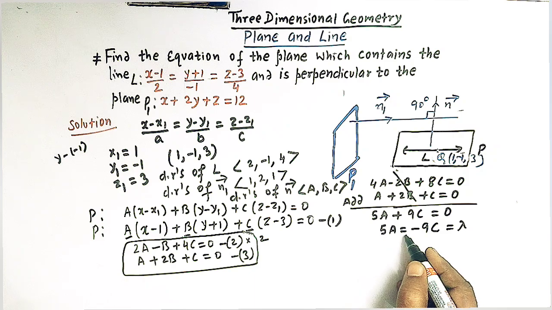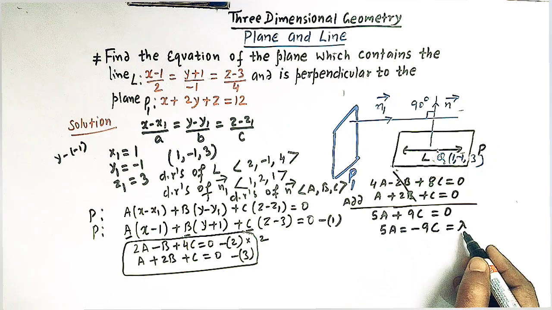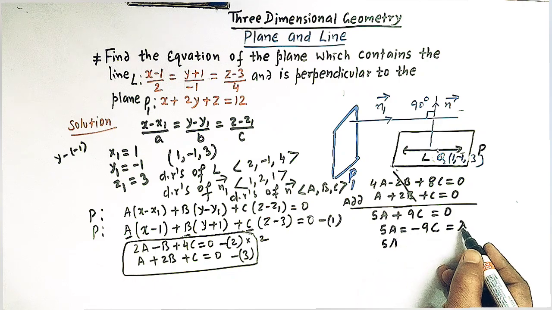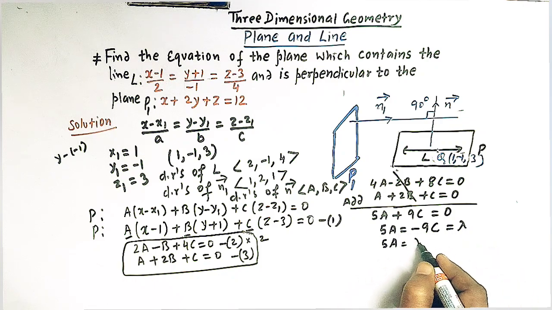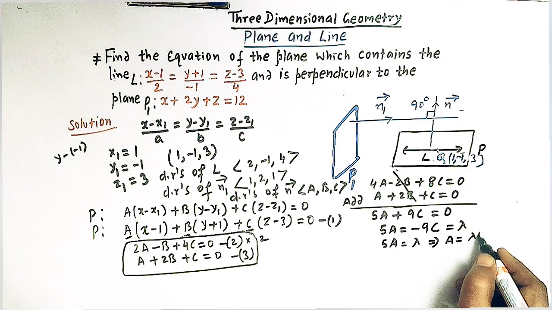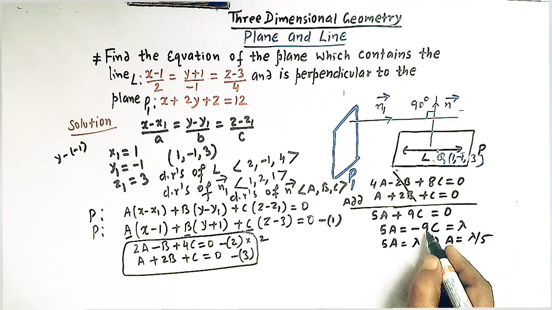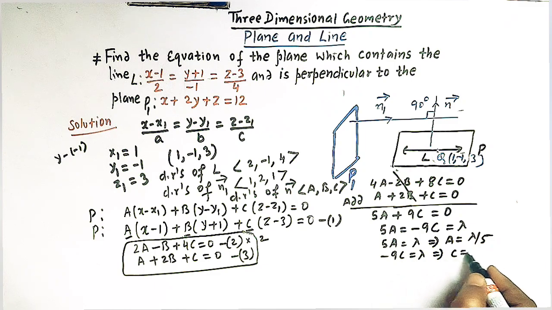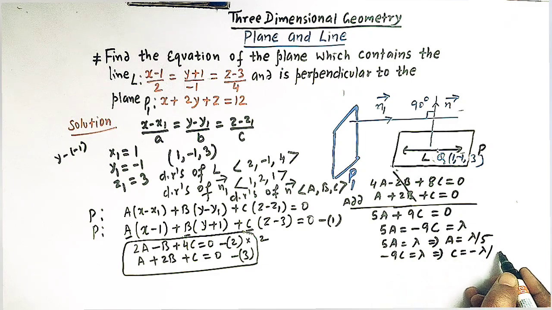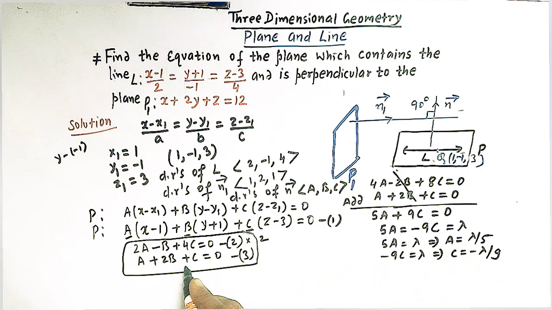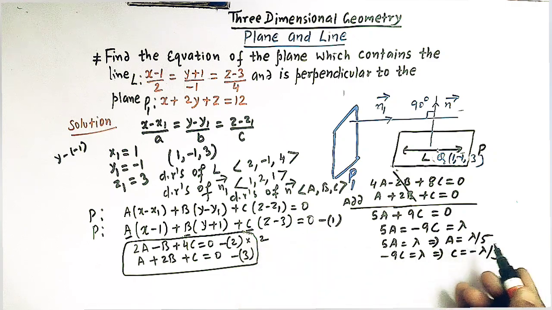So 5A is equal to minus 9C is equal to lambda, so that we can write A and C in terms of lambda. So 5A is equal to lambda, so A is equal to lambda over 5, and from minus 9C is equal to lambda, C is minus lambda over 9. Let us substitute A and C in any of these two equations to get the value of B in terms of lambda.